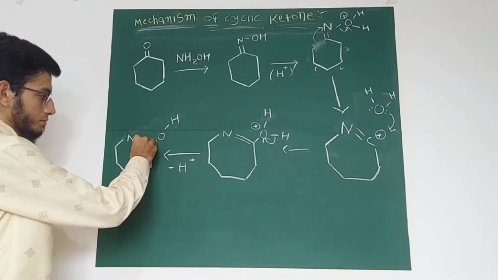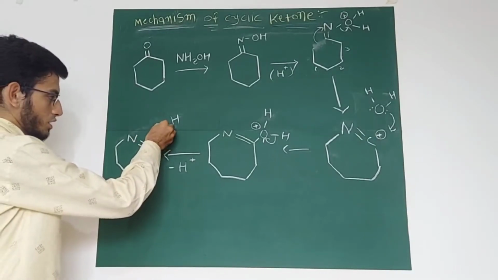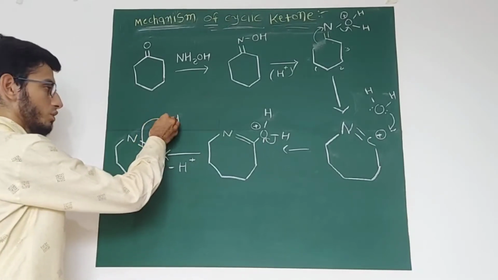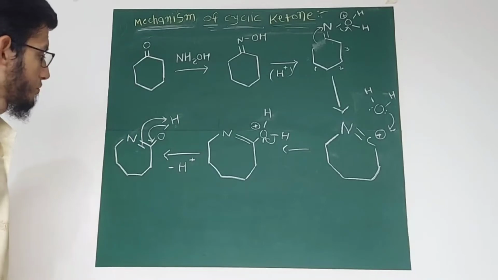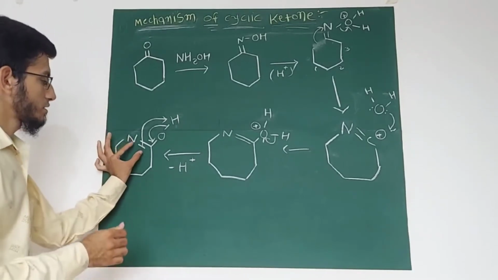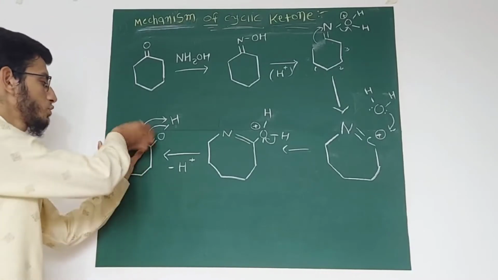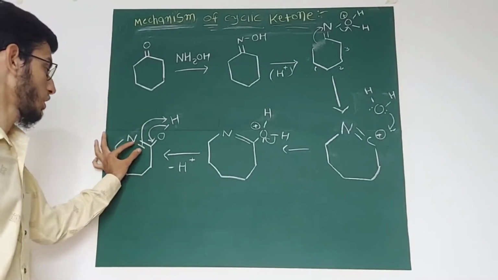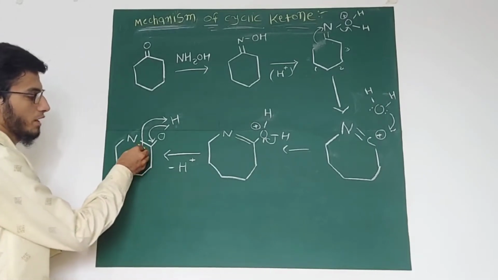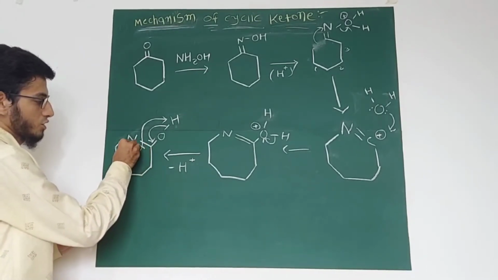This bond migrates here, and this bond will migrate to the hydrogen. For simplicity, you can understand that this bond will migrate to the nitrogen first of all. Like this, here this bond will migrate to the nitrogen.